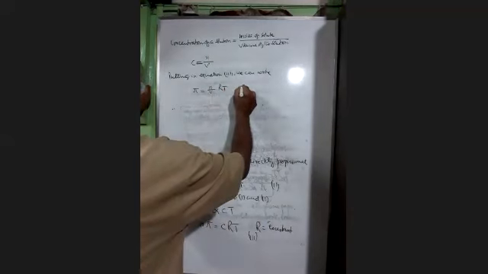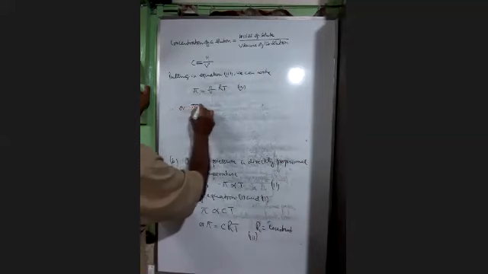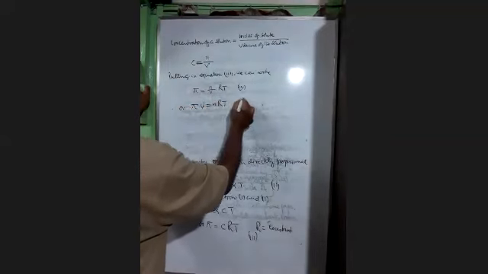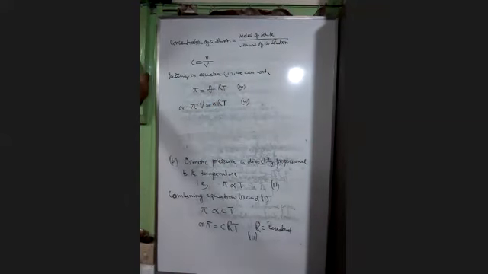Equation 4. Or what I can write, pi V is equal to nRT. Equation 5.